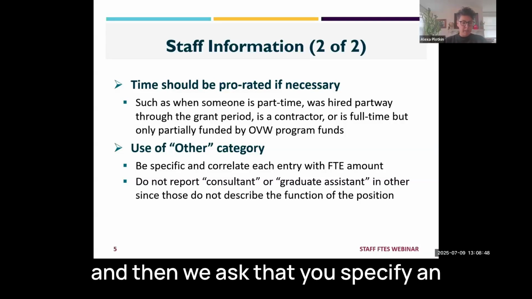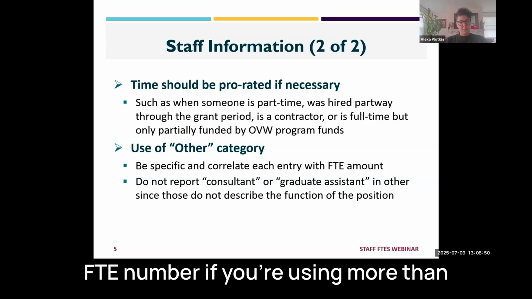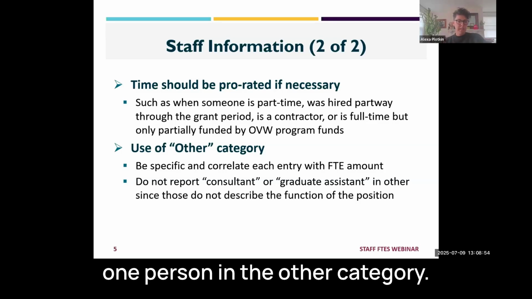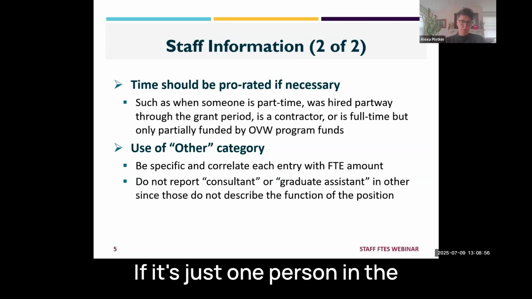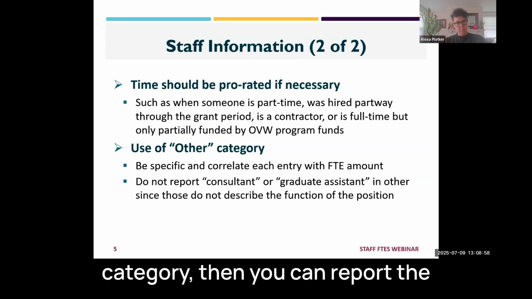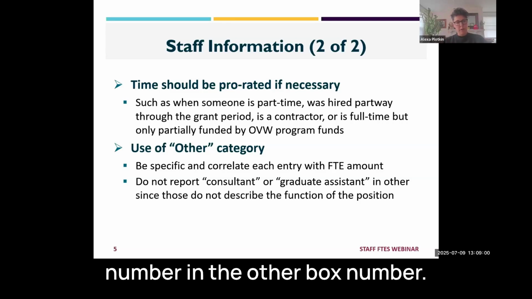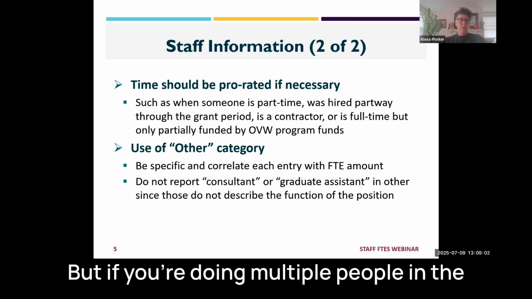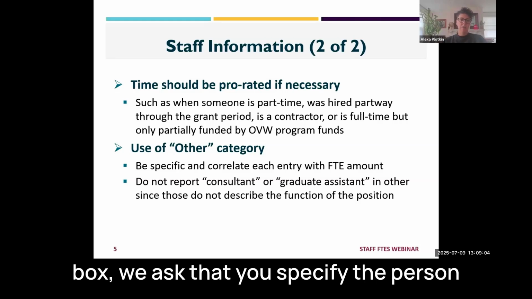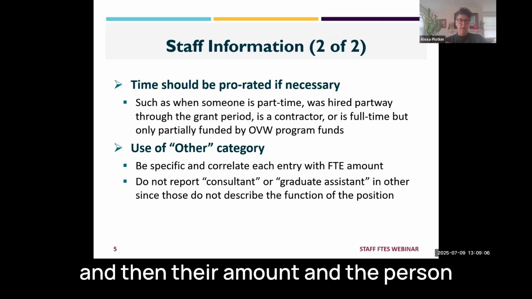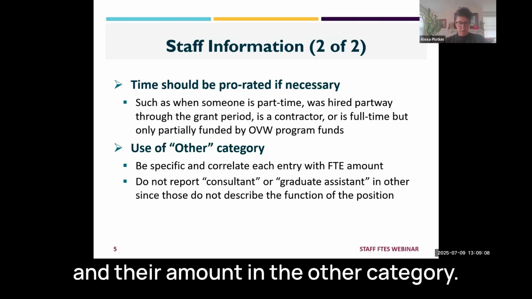And then we ask that you specify an FTE number if you're using more than one person in the other category. If it's just one person in the category, then you can report the number in the other box number. But if you're doing multiple people in the box, we ask that you specify the person and their amount, and the person and their amount, in the other category.